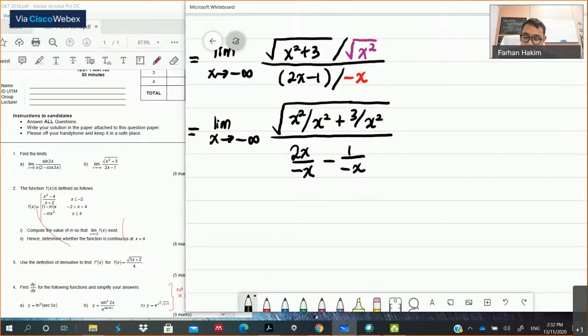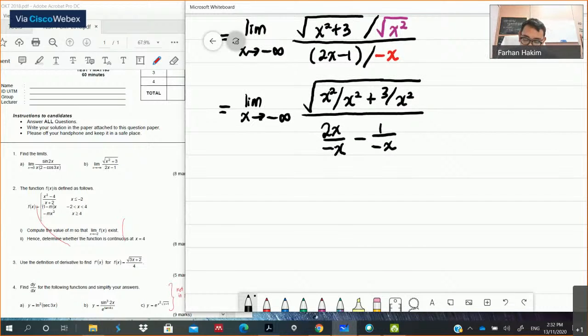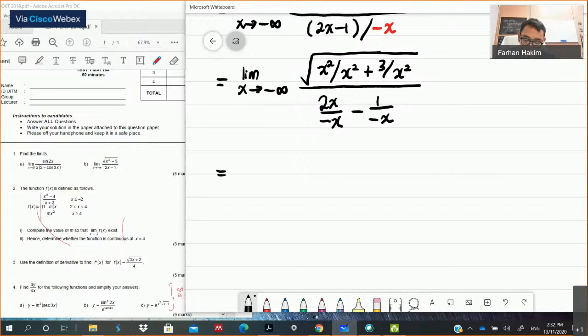We still have to simplify this. So this part will become 1 plus 3 over x squared. We're done with that part.